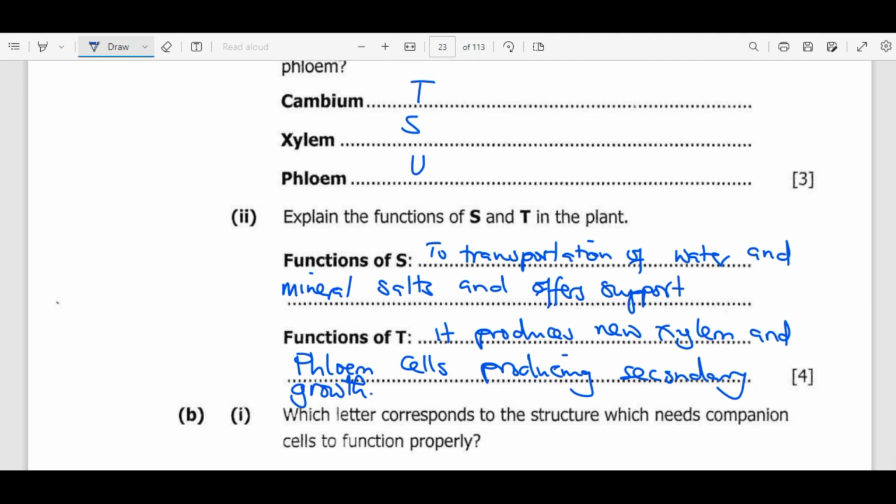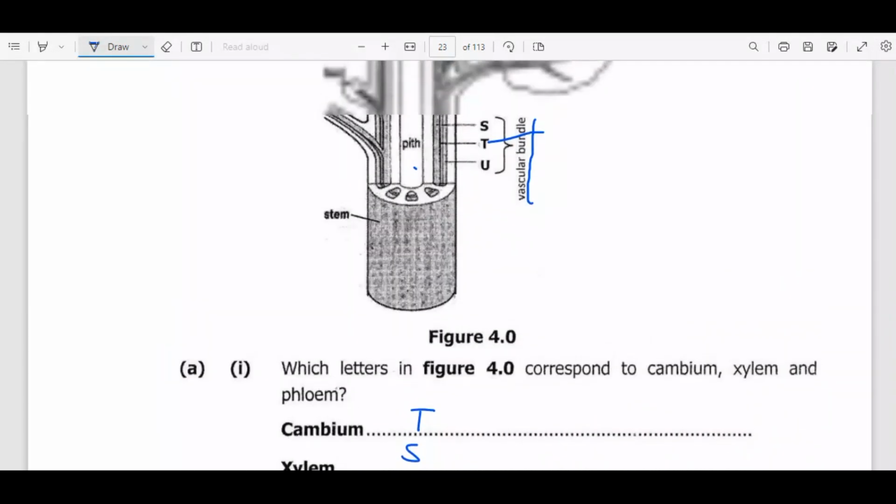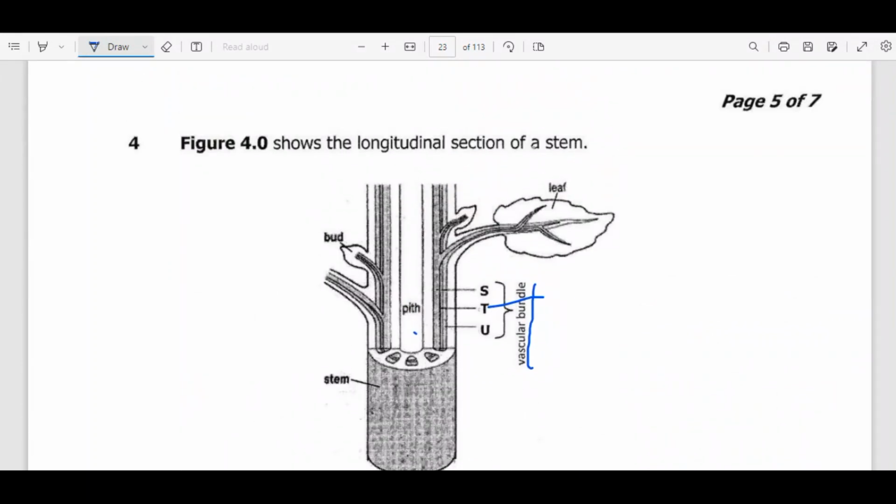So let us move to B. Which letter corresponds to the structure which needs companion cells to function properly? Companion cells offer support. Which one amongst the letters?